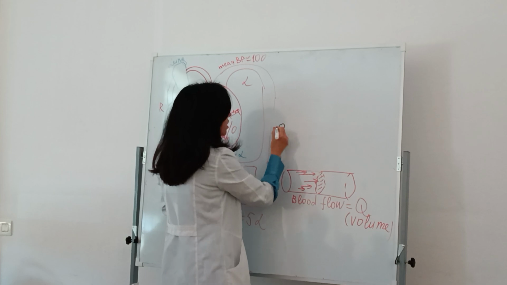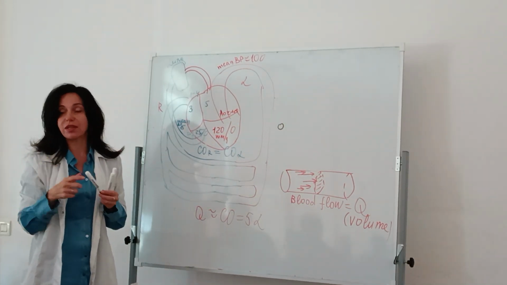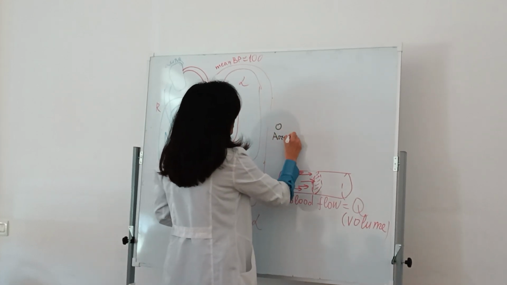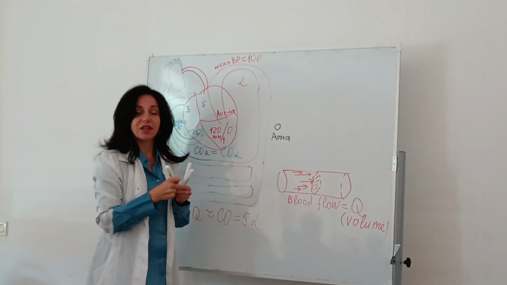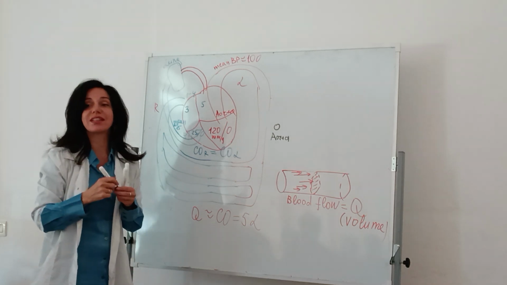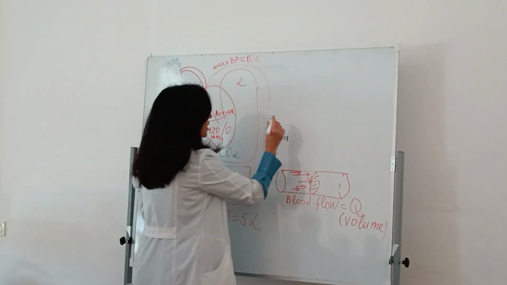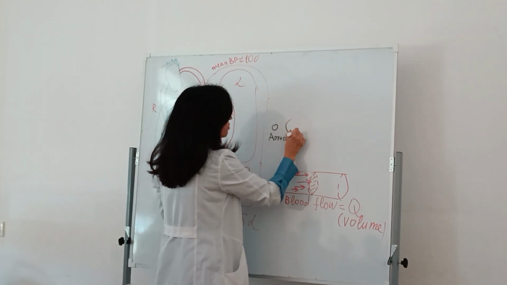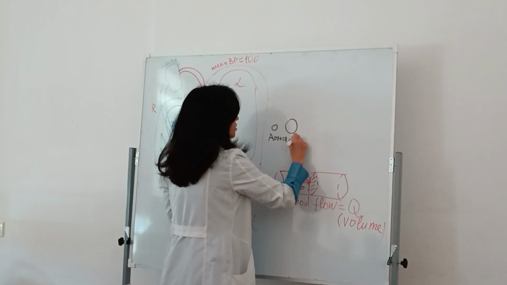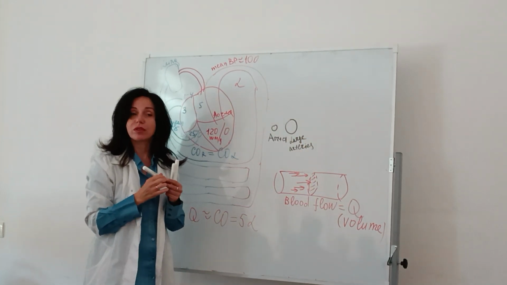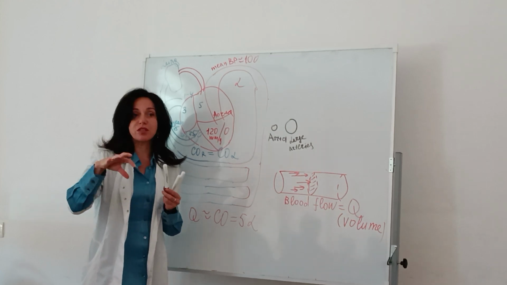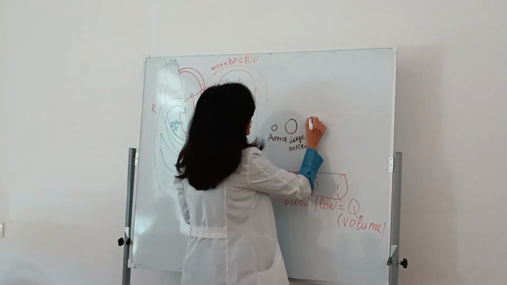The first, largest, biggest blood vessel is the aorta. Then large elastic arteries, branches of the aorta. The aorta is a single blood vessel in systemic circulation. Next type: muscular arteries, with medium diameter.